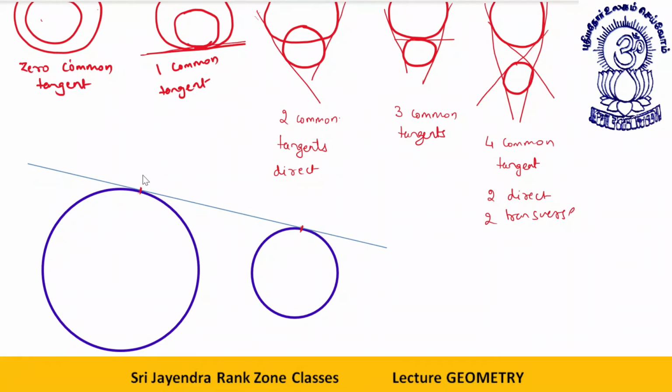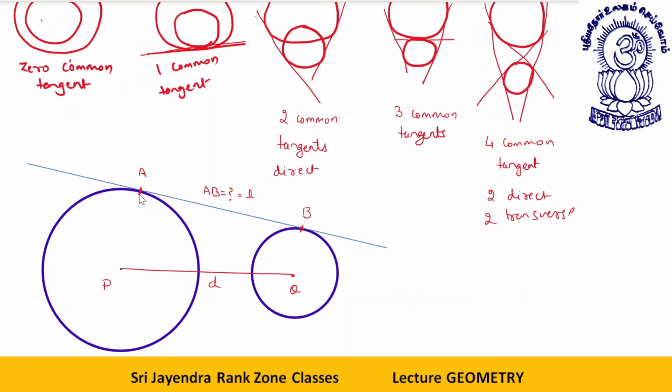Let's say this is point A, this is point B. The center of this circle is P, the center of this circle is Q. The distance between the centers is given to you as D. You have to tell the length of AB, which is denoted by a small l. How do you find it?